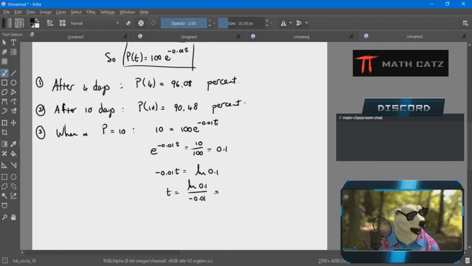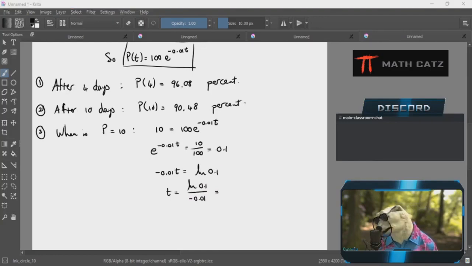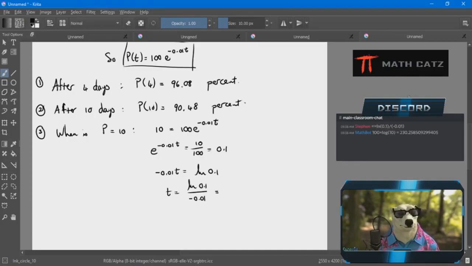Let's see when that happens. And we get 230.26, let's say. So T is in days, right?